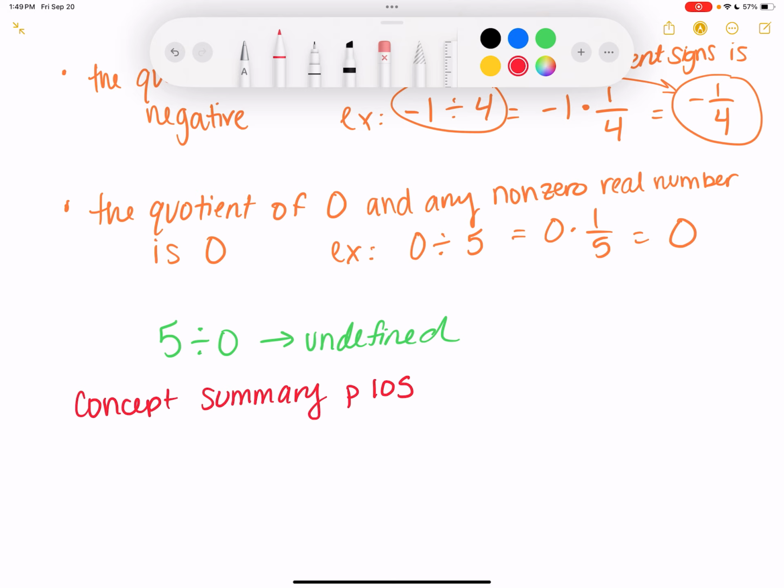All right, the first problem, say to find the multiplicative inverse. I'm just going to write MI for multiplicative inverse. I don't feel like writing the whole thing out.